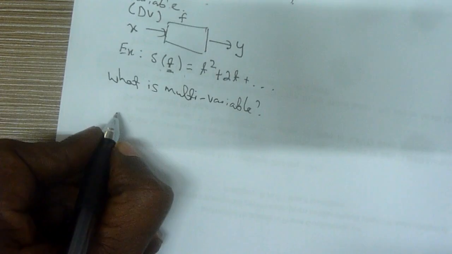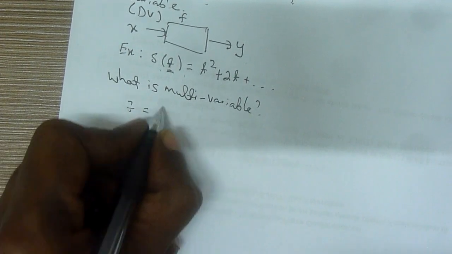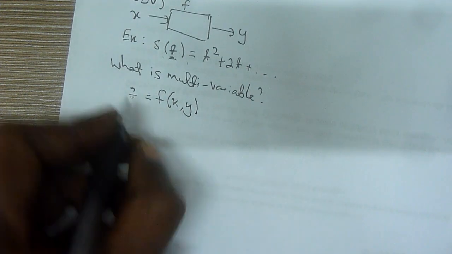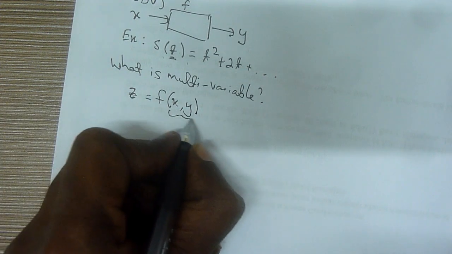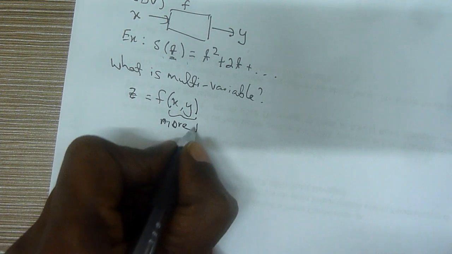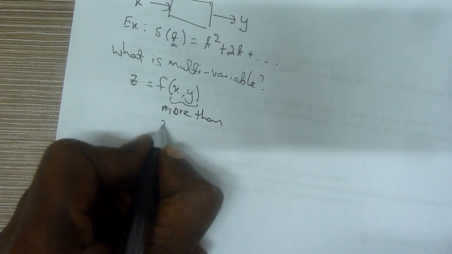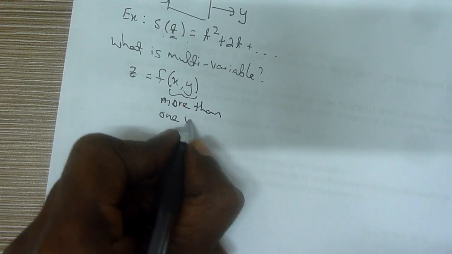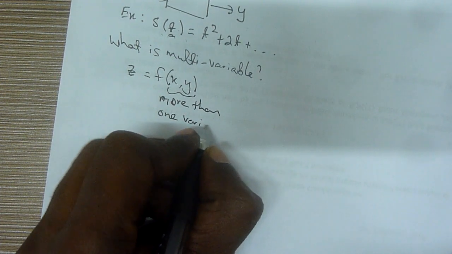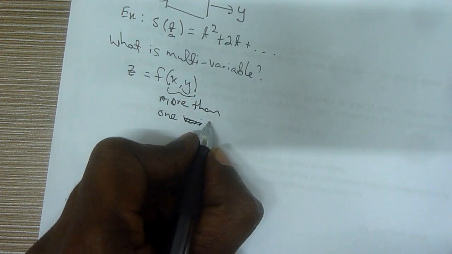Multivariable is defining the same thing but in an extensive way, and this involves more than one independent variable.